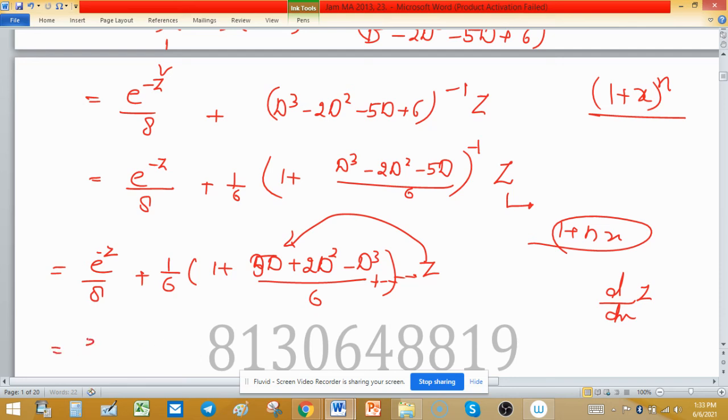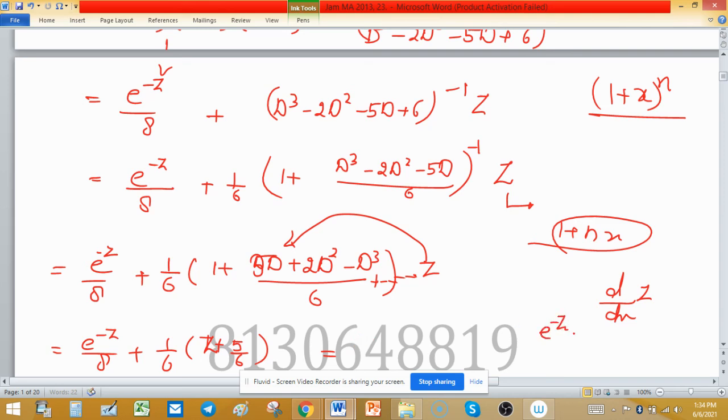So e raised to the power minus z upon 8 plus 1 upon 6, 1 plus 5 upon 6, and take z inside, so z will be here. So this is 5 upon 6. So solve this one. It will be e raised to the power minus z.